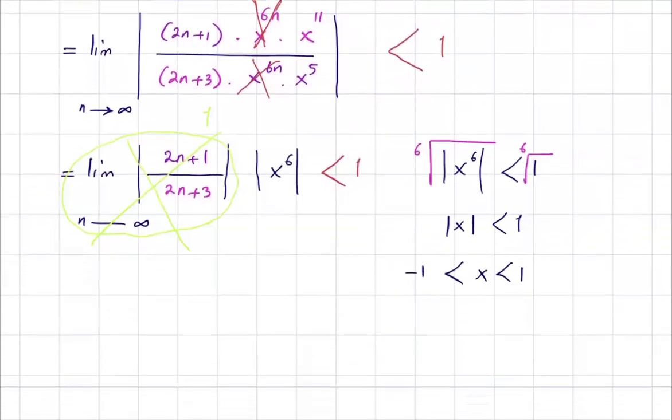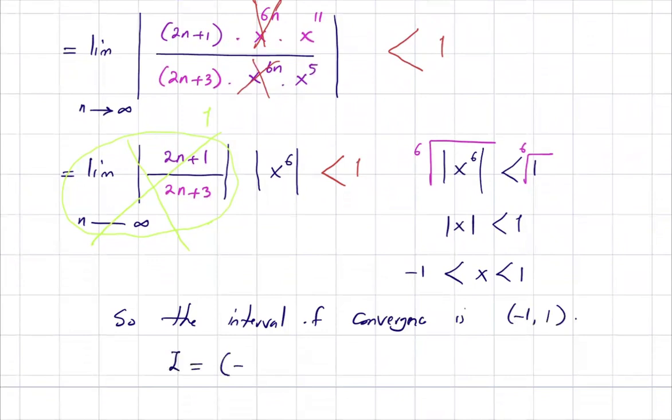So the interval of convergence is open interval -1 to 1, usually represented by open interval -1 to 1.